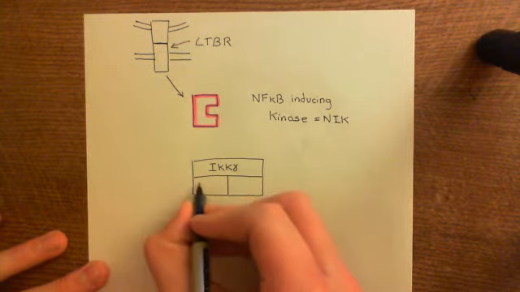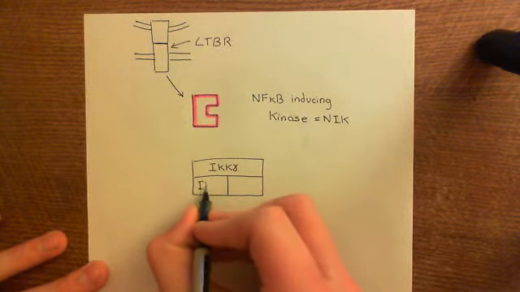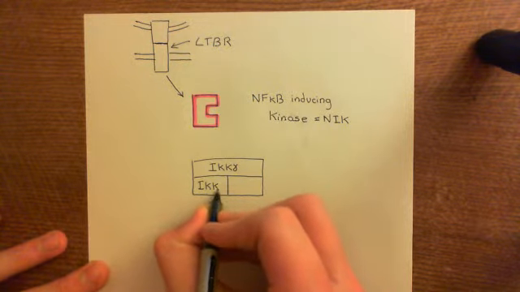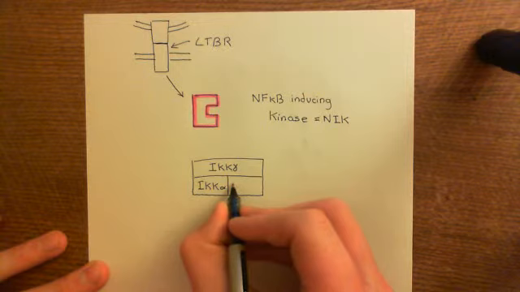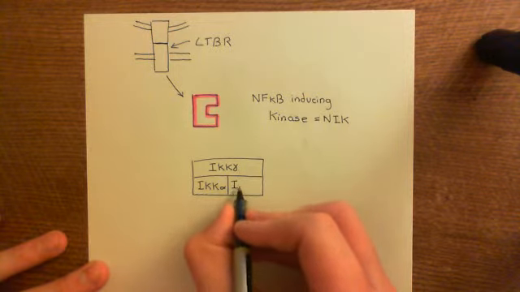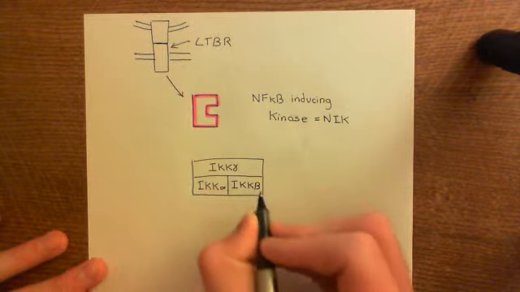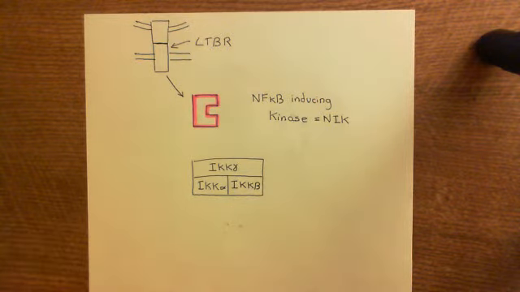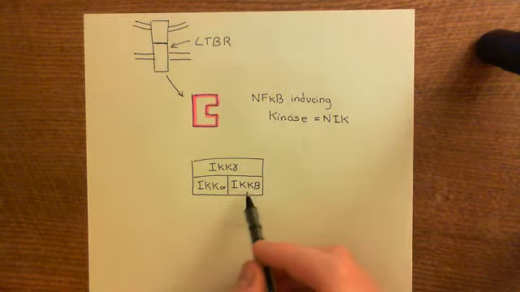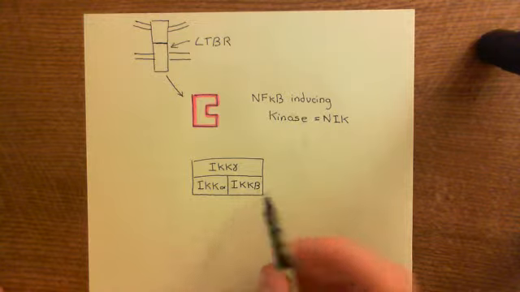It also consisted of the inhibitor of NF-kappa B kinase alpha, IKK alpha, and also the inhibitor of NF-kappa B kinase beta. Okay, and previously we saw how the MEK3 enzyme and the TAK1 enzyme in the canonical NF-kappa B pathway phosphorylated the inhibitor of NF-kappa B kinase beta.